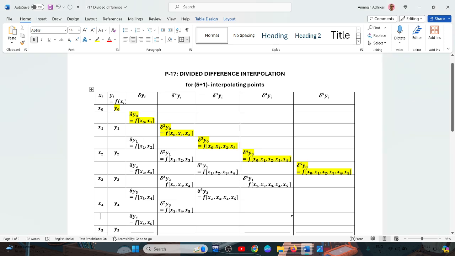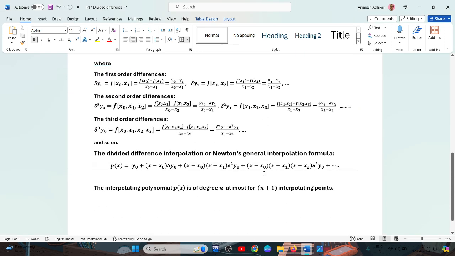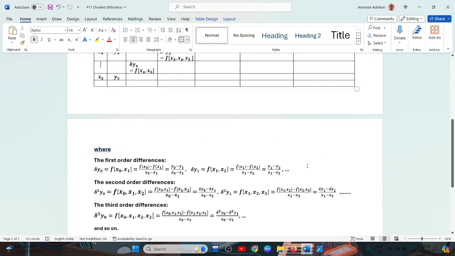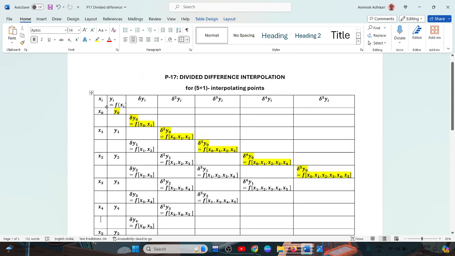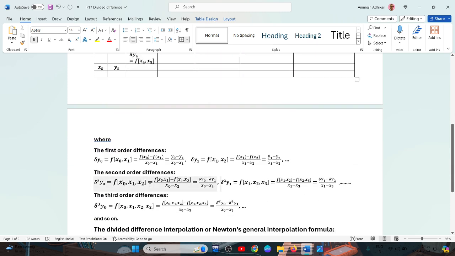Here is the divided difference formula, or Newton's general interpolation formula. The interpolating polynomial p(x) is equal to y0 plus (x minus x0) delta y0 plus (x minus x0)(x minus x1) delta 2 y0 plus (x minus x0)(x minus x1)(x minus x2) delta 3 y0, and so on. Here we highlighted in red, and each column is multiplied with these x factors.